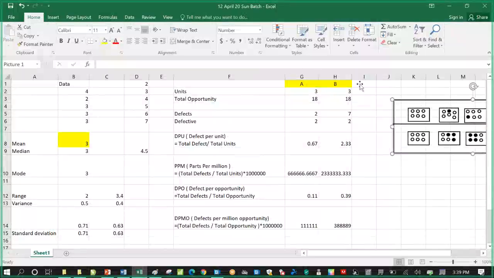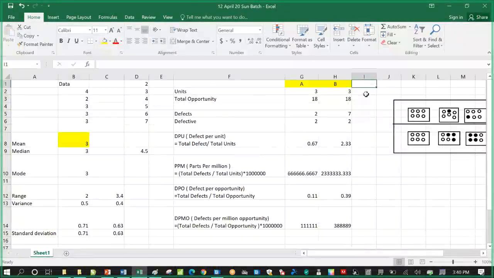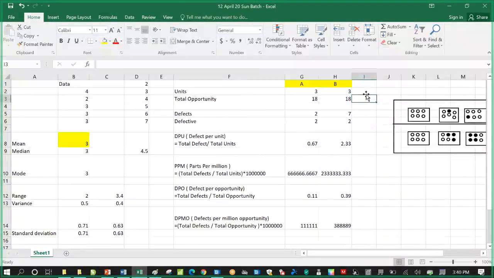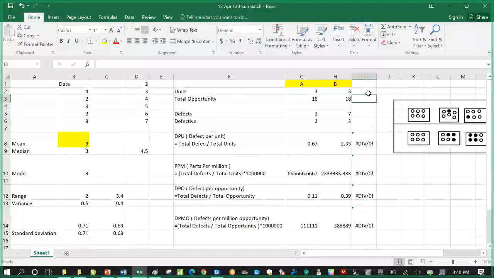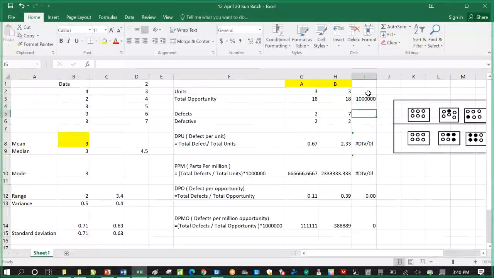So when you said a process is Six Sigma process or anything, right? In Six Sigma process, how many opportunity I said out of 10 lakh, right? Yes. Six Sigma process, I mentioned that total opportunity will be 10 lakh, and how many defects? 3.4.